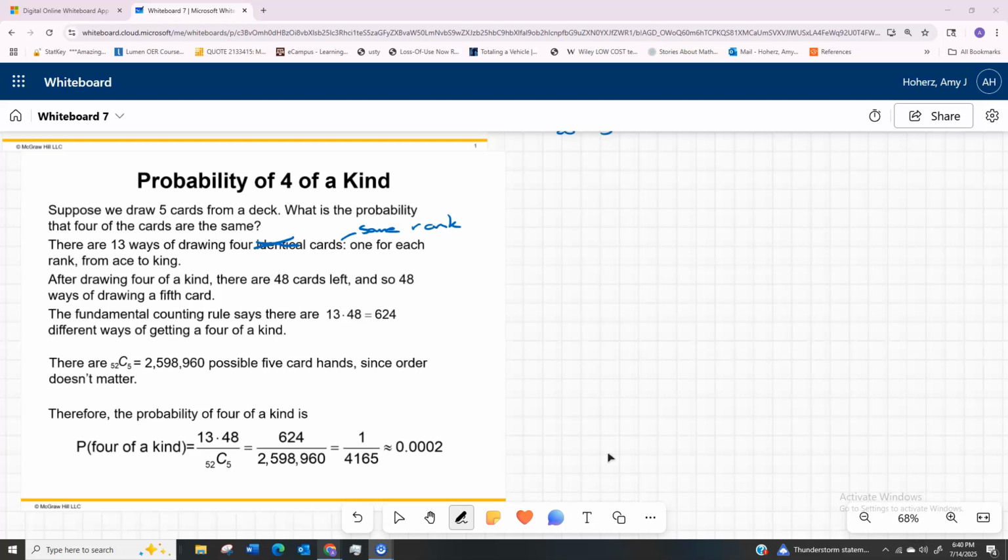So when we say getting 4 of a kind, we mean 2 2 2 2, 3 3 3 3, jack jack jack jack. Okay, so out of those there are 13 ways to do that.